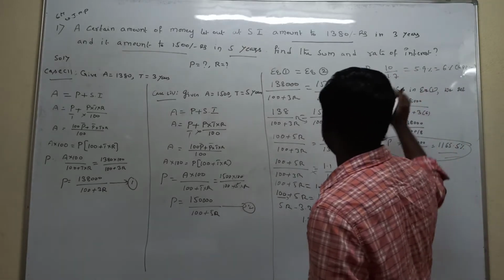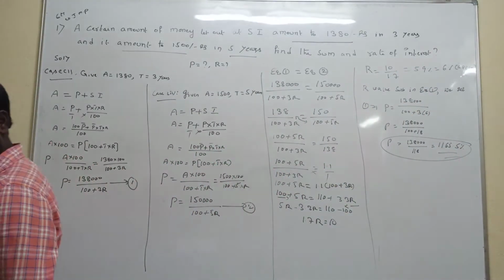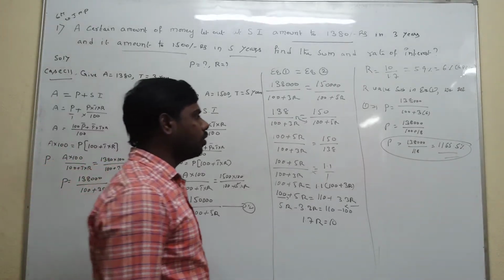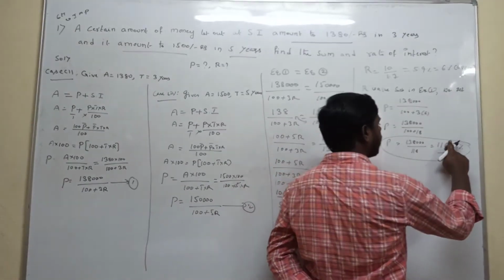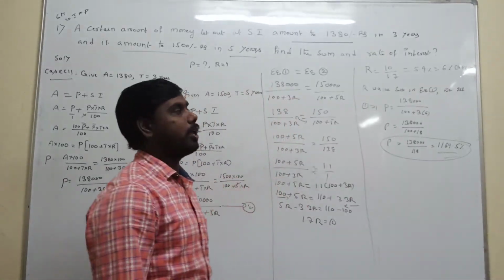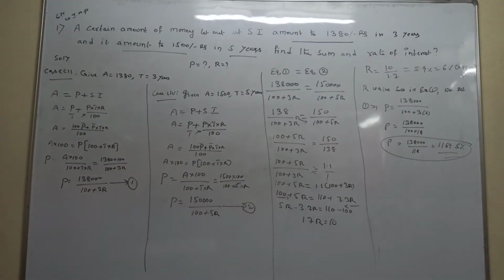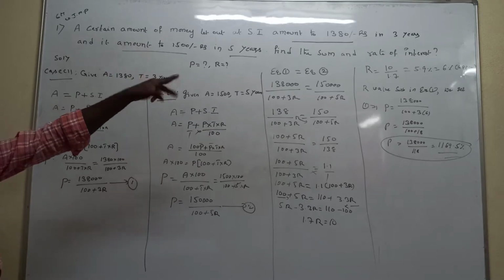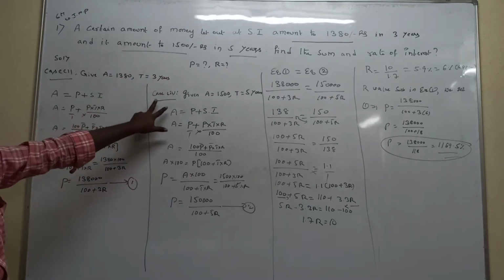So we get the rate of interest value and the total capital P is equal to 1,169.5. This is the solution for the given question. They gave two total amounts, that's why we take case 1 and case 2.